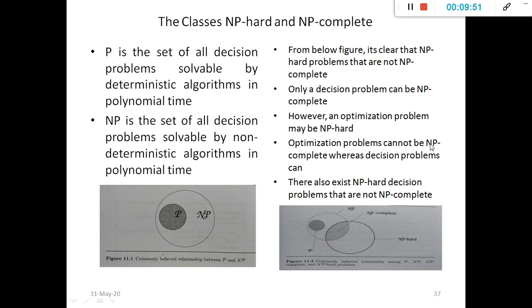Optimization problems cannot be NP complete, whereas decision problems can. And there also exist NP hard decision problems that are not NP complete. Then we can say that the solvable decision problems are a subset of NP, the NP hard is a superset of them, and NP complete is a subset of NP hard.